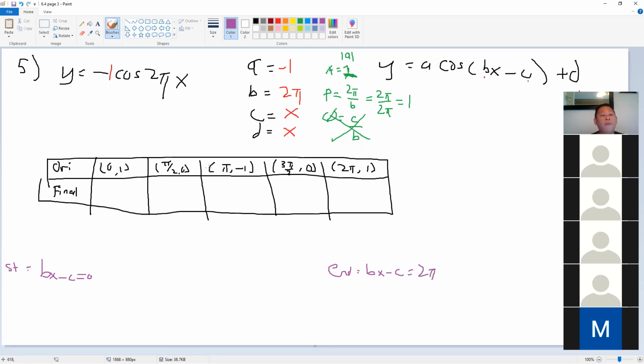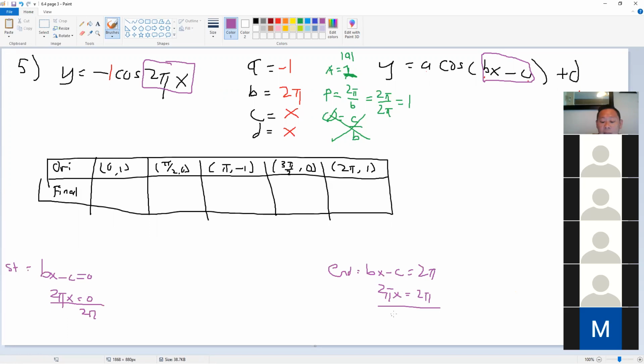If you look at our formula, your bx minus c in this case is inside the parentheses. Since the only thing in the parentheses is 2 pi x, this is actually 2 pi x equals 0 and 2 pi x equals 2 pi. Now you begin to solve for x. I divide both sides by 2 pi.